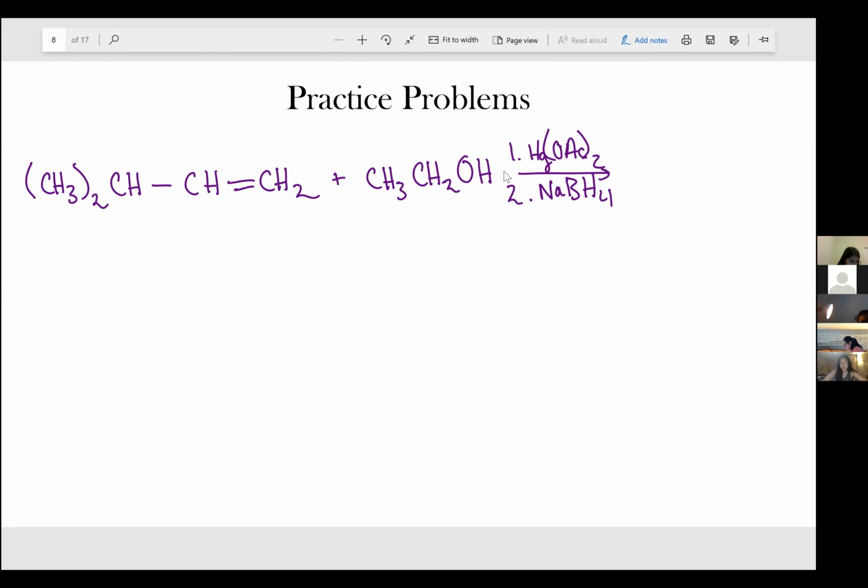Okay, I hope everyone is done. So the product for this reaction: we're just adding in this ethyl group at the more substituted carbon, which in our case is that carbon right there.